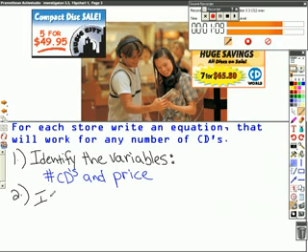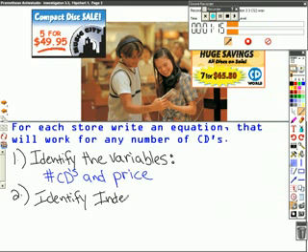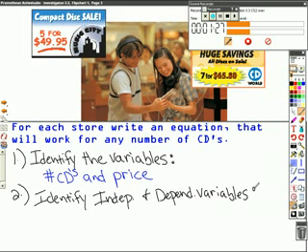Step 2. Identify independent and dependent variables. All right, so which one depends on the other?